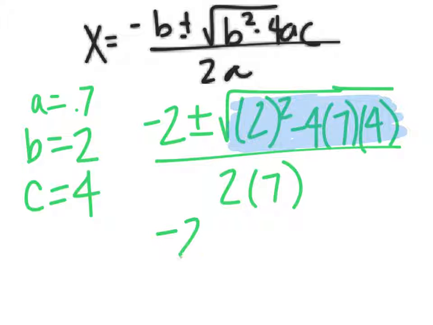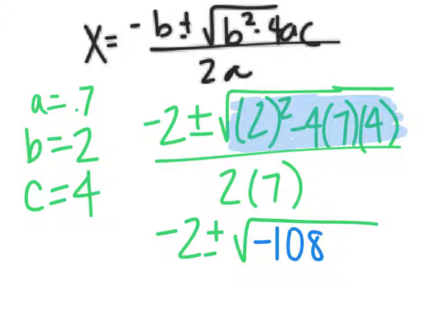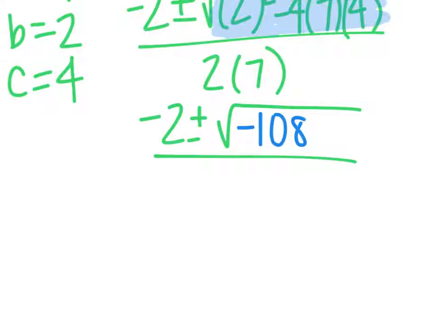So I have -2 plus or minus the square root of 2 squared minus 4 times 7 times 4. I think that's -108. Yes? Okay. So I end up with -108 over, what's 2 times 7? 14.